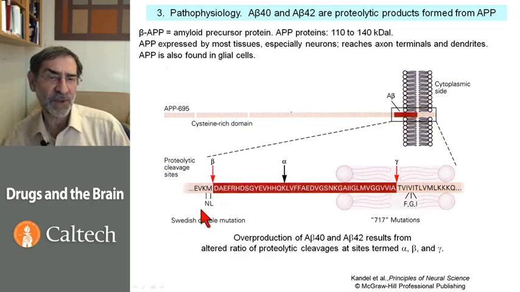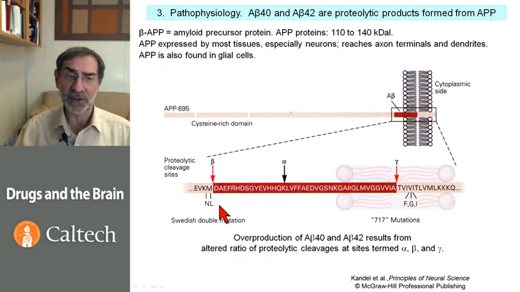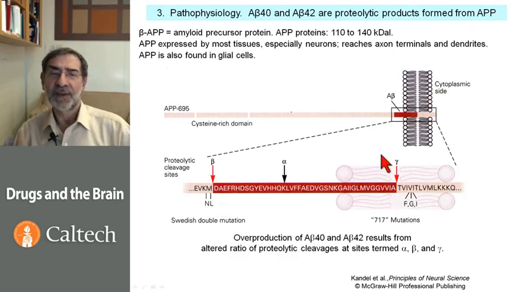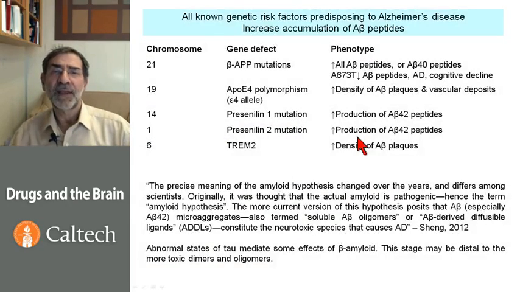Here are the sites of some mutations causing familial Alzheimer's disease, just past the beta cleavage site, just past the gamma cleavage site. In fact, all of the known genetic risk factors that predispose a person to Alzheimer's disease increase the accumulation of A-beta peptides.